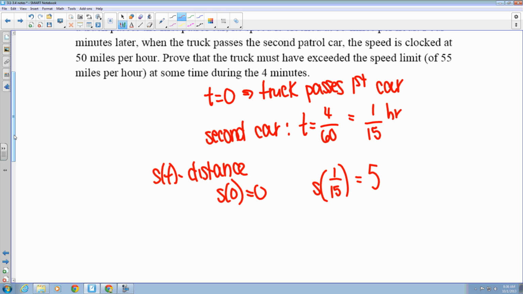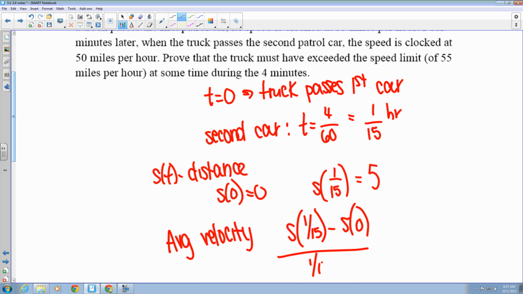So what is our average velocity? That's the slope of the secant line. s(1/15) minus s(0) over 1/15 minus 0. So 5 over 1/15, which is 75 miles per hour.